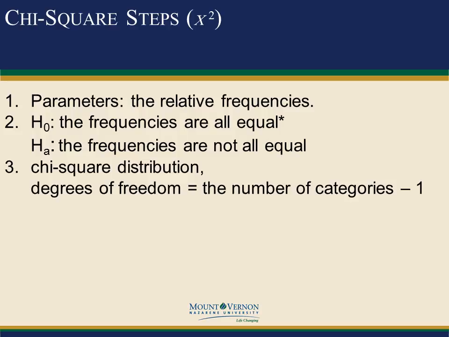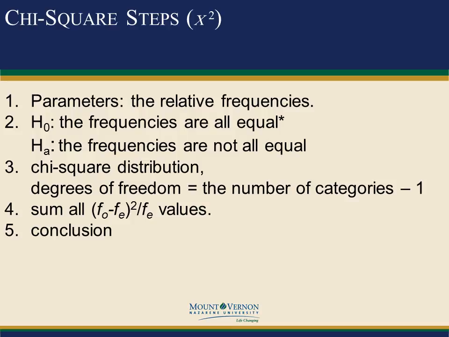When using the chi-squared goodness of fit test, the distribution you'll be using is the chi-squared distribution. It's important to note the degrees of freedom, which in this case will be the number of categories minus 1. So in the problem we've been working on, the number of categories is 5 minus 1 makes 4 degrees of freedom. To get your chi-squared statistic, you basically just add up a bunch of numbers that you can compute very easily: the observed frequency minus the expected frequency, squared, divided by the expected frequency.